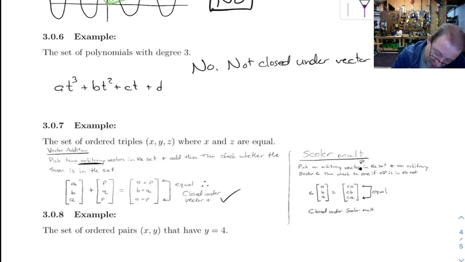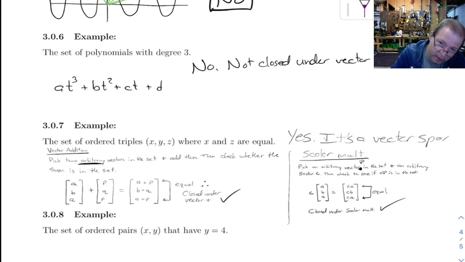So we've got the two things we need, so therefore this is a vector space. It seems like a lot of work, and I guess it kind of is, but that's what you need to do on something like this.